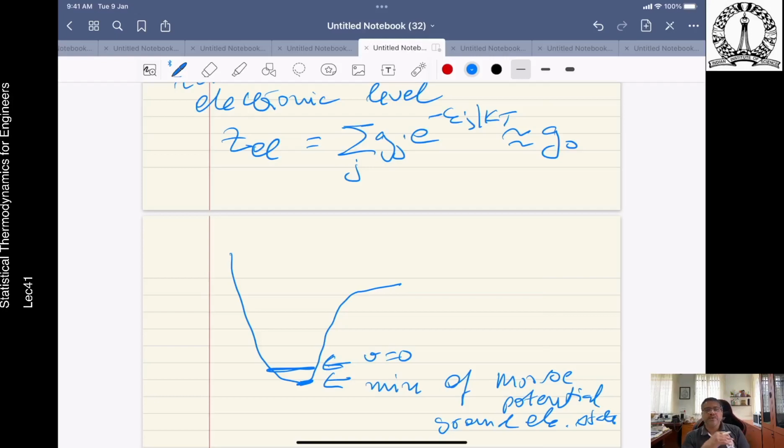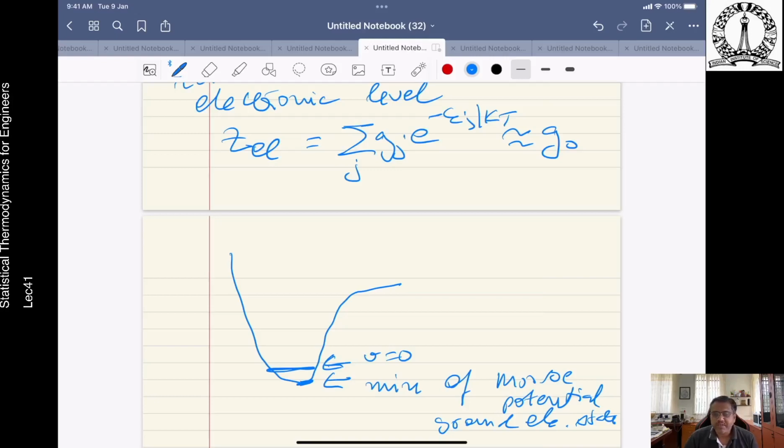Another possibility is to set the zero at the ground electronic state corresponding to those atoms produced by dissociation. This, of course, requires that we define a dissociation energy as well as a binding energy. So there are a variety of things that we then need to do.